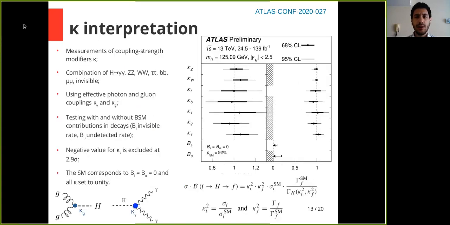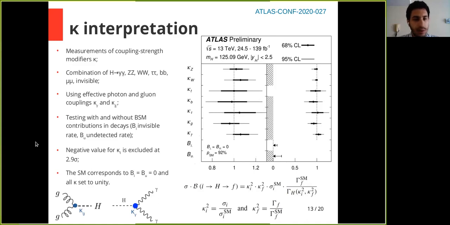So the kappa framework makes a reinterpretation of the measurements that I've shown before in terms of the coupling strength of the various Higgs vertices. So in this picture, you see kappa Z is the strength of the Higgs coupling to the Z boson, and so on for the other particles.